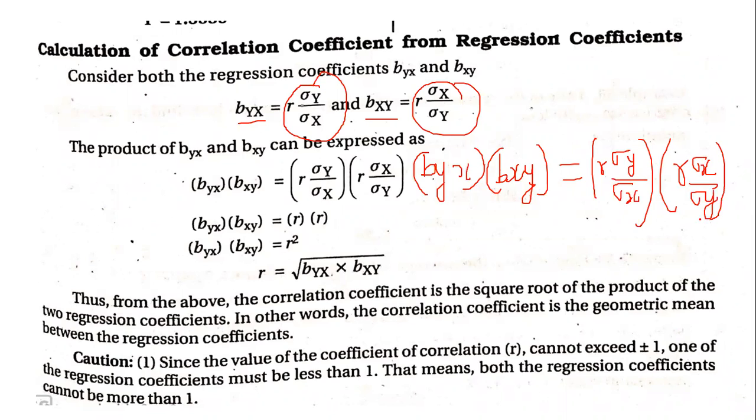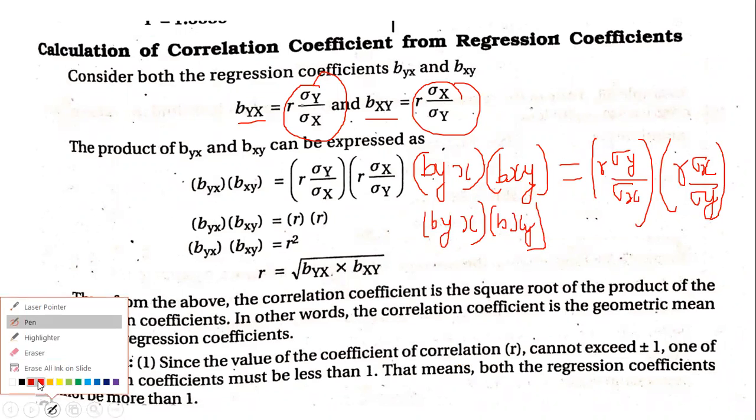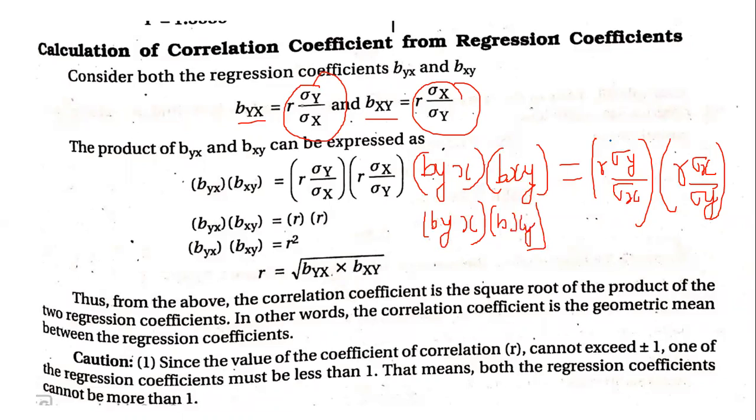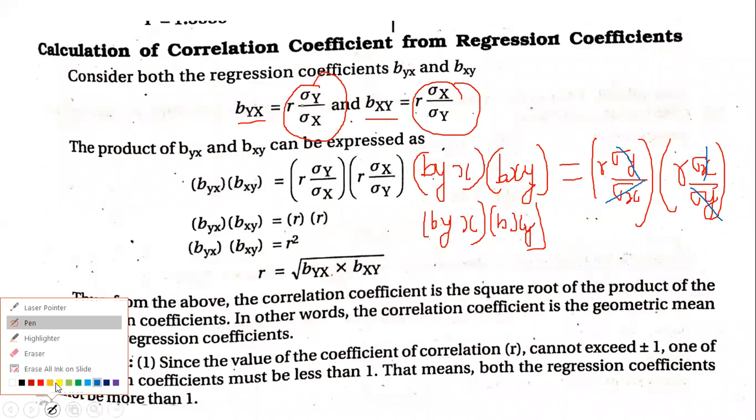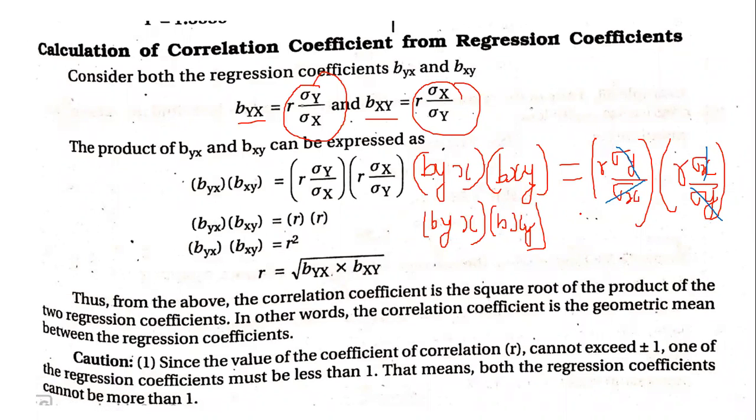Now, this side Byx into Bxy will remain as it is. But on the other side, standard deviation of Y will get cancelled and standard deviation of X will get cancelled, since one is in the numerator and the other is in the denominator. What remains?